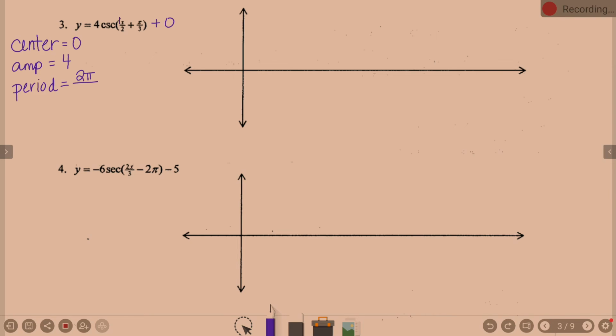Since it's x divided by 2, think of it as 1x divided by 2, and think of your b value as 1/2. We did this the other day. 2 pi divided by 1/2 is 2 pi times 2 over 1. And 2 pi times 2 over 1 is 4 pi. So we're going to stretch this one way out.